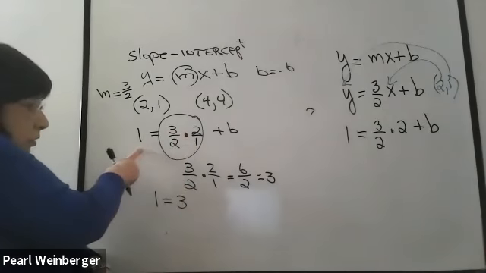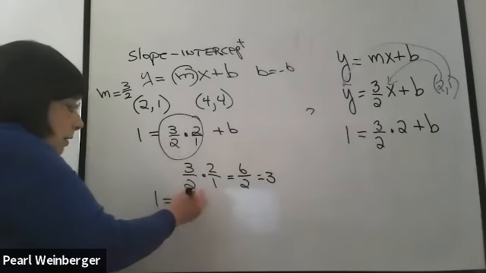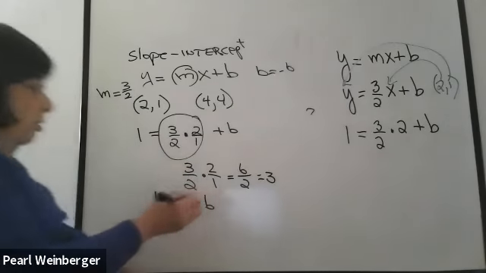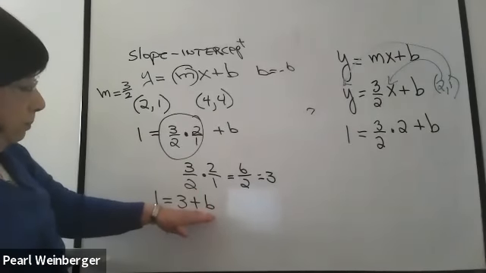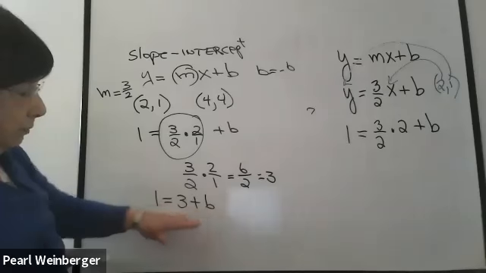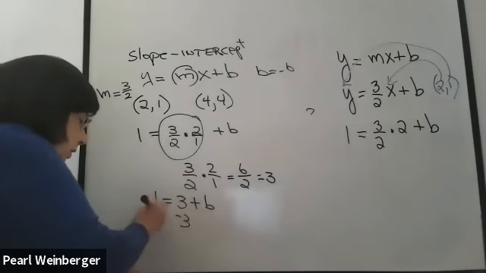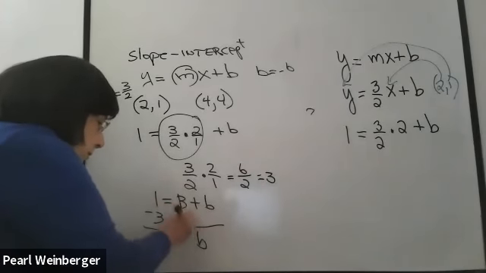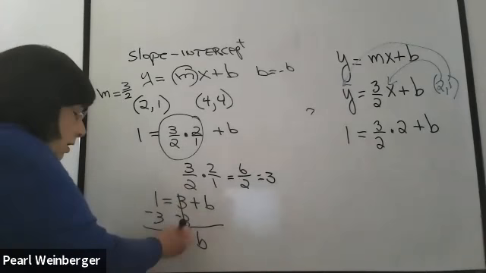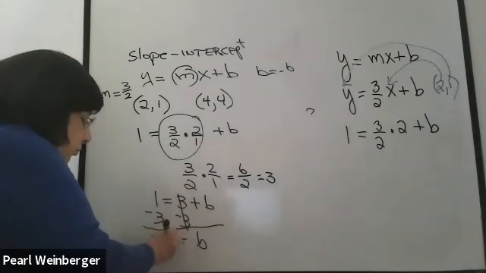So the 1 I leave alone, and the 3 over 2 times 2 over 1 became the 3 plus b. Oh, now it's a very simple equation. I can figure out what b is by getting rid of this 3. I'll subtract 3 from both sides. That'll give me b on the right side, and on the left side, 1 minus 3, which is negative 2.